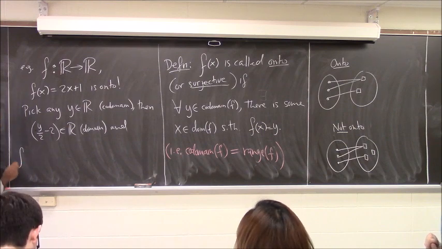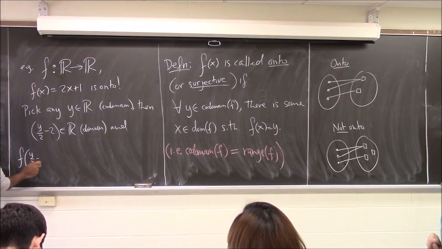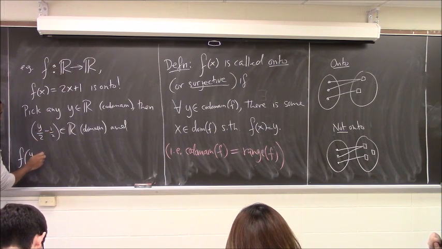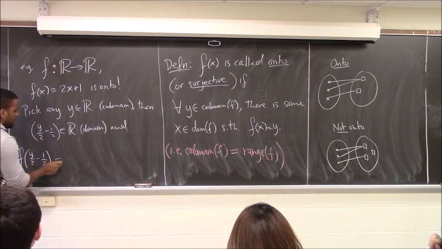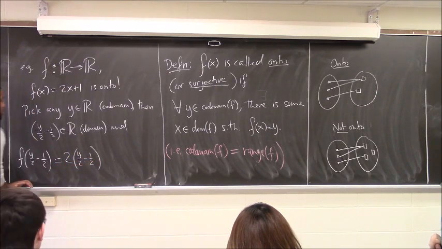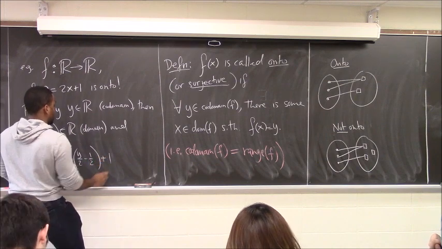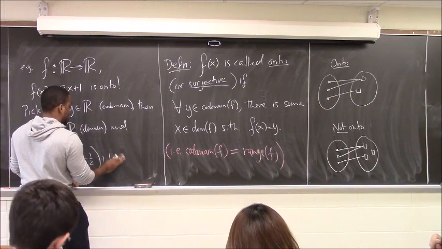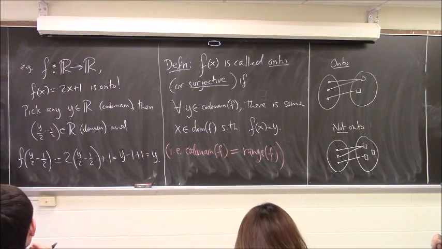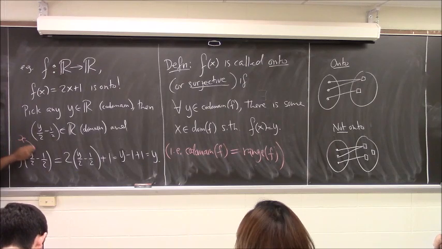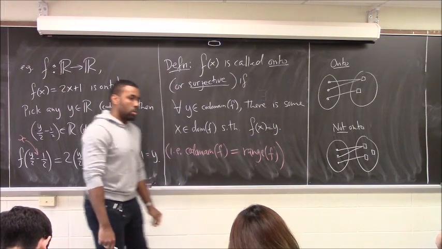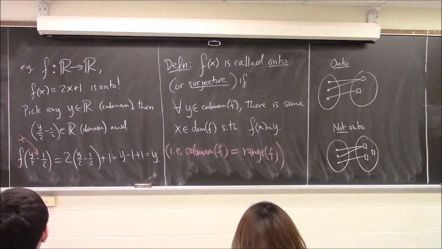If I take f of this guy, that will give me 2 times this plus 1, that will give me y minus 1 plus 1 equals y. So I can pick this to be my x value, and I can obtain any given y value. So that's what it means to be onto.